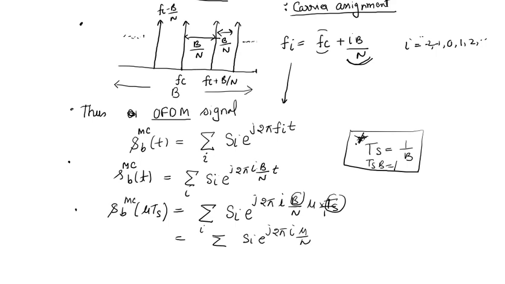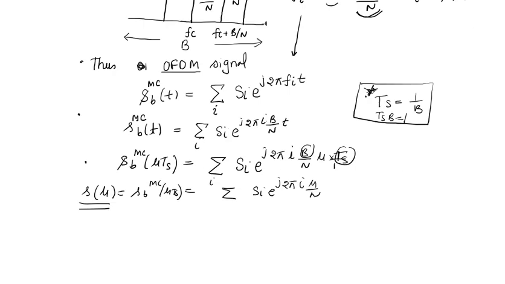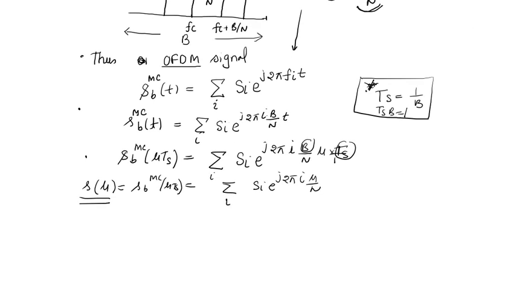So this is what we have seen: the samples of a multi-carrier signal, which we represent by s(mu), are the IDFT of the constellation points. This is the IDFT formula, if you remember from your signals course.